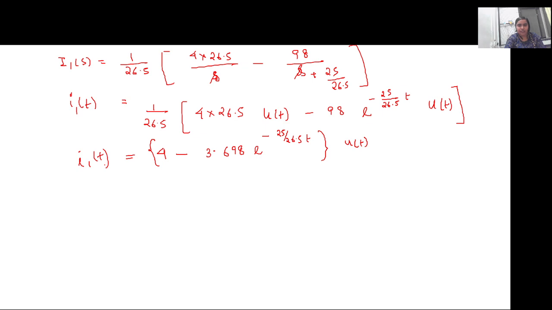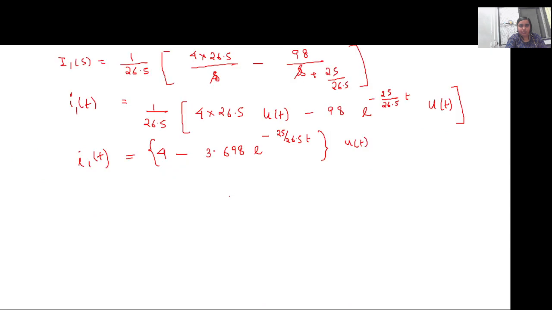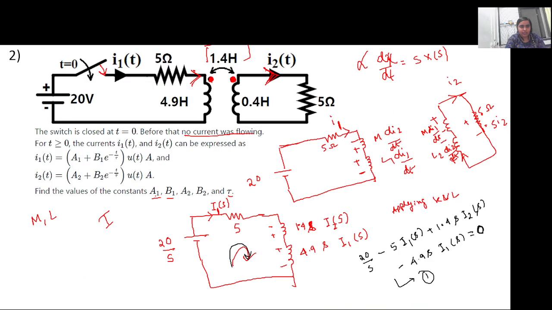So in the question it is asked, you will have to find a1, b1 and tau. A2, B2 is from the other expression. So a1 is equal to, since the expression is written in terms of some constant plus b1 e to the power something into u of t.